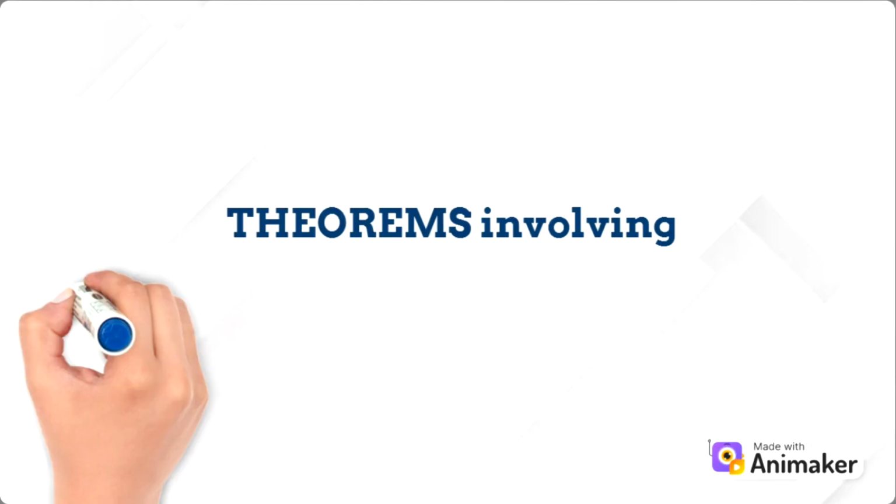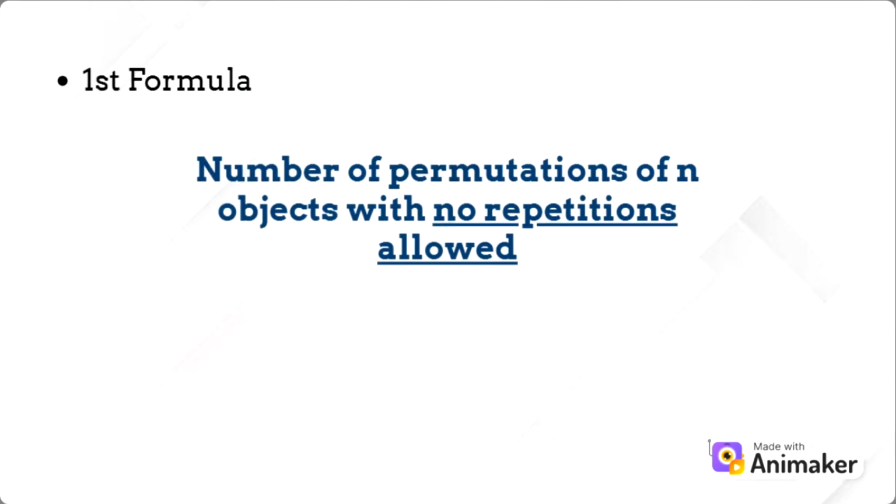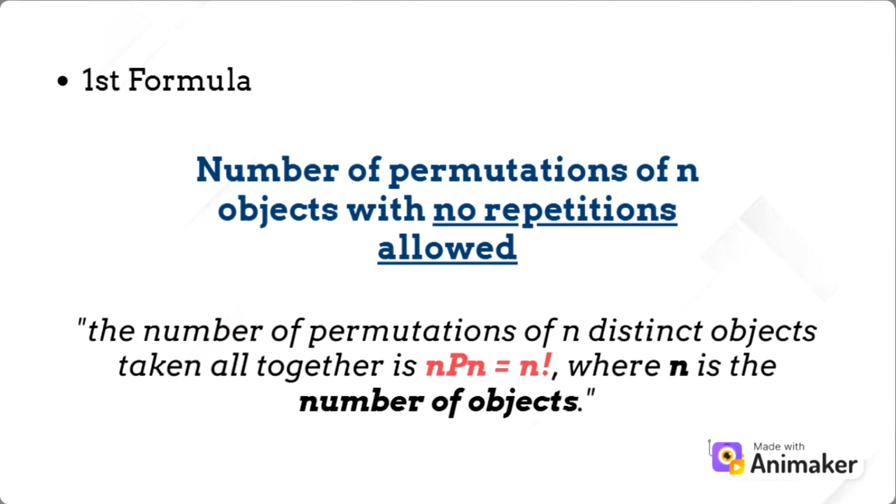Let us explore theorems involving permutations and combinations and the formulas to be used. The first formula is for calculating the number of permutations of n objects with no repetitions allowed. The theorem states that the number of permutations of n distinct objects taken all together is equal to n factorial, where n is the number of objects.